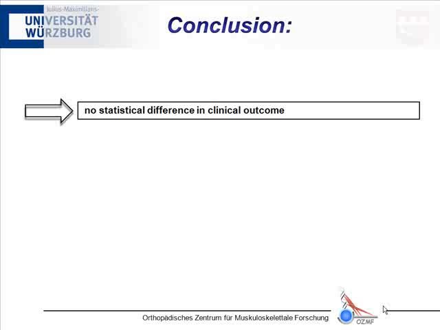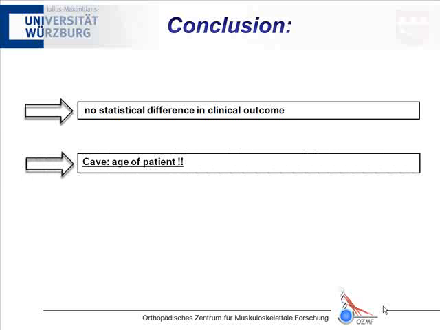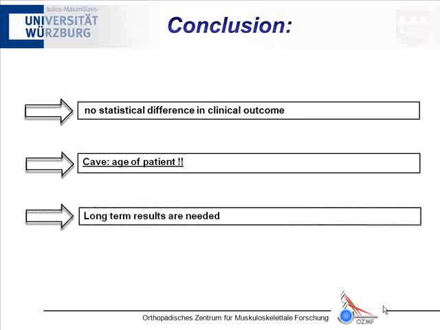And we concluded that for us, the age of the patient is the most interesting part in the indication of this cranial cup system, because in elderly patients, we prefer the cementless cup system to get a primary stable situation and a good fixation of the implant. Long-term results are needed in both groups.